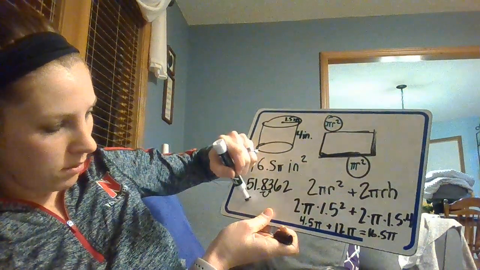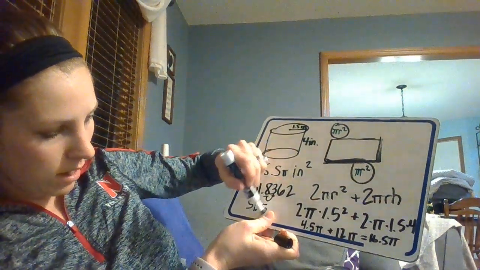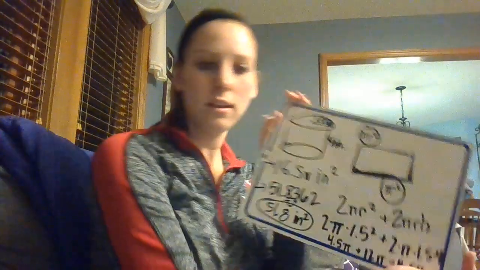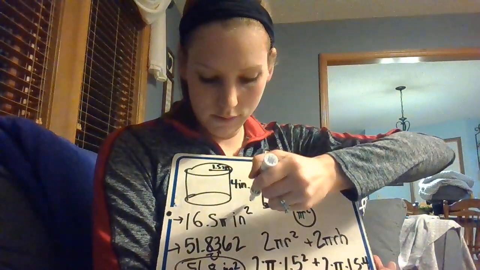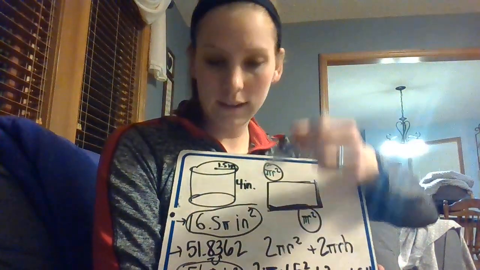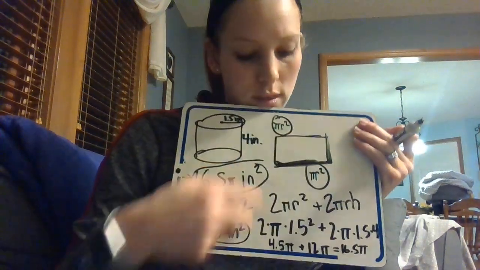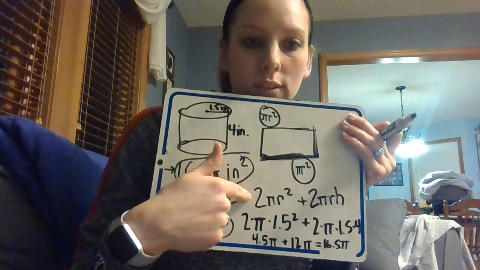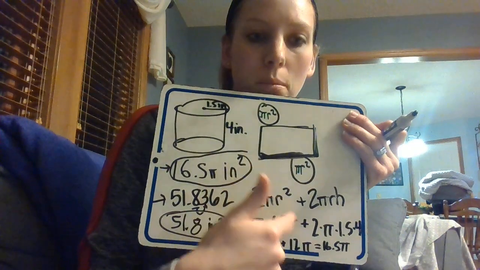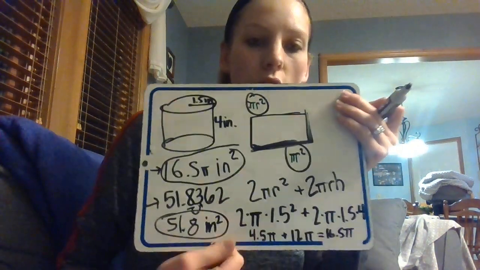My 3 tells me to stay the same. And so I get 51.8 inches squared. This is my estimated surface area. This right here is my exact. And I found both of those by using the formula for surface area of a cylinder, 2 pi r squared plus 2 pi r h. And hopefully you understood where that formula came from with my soup can here.